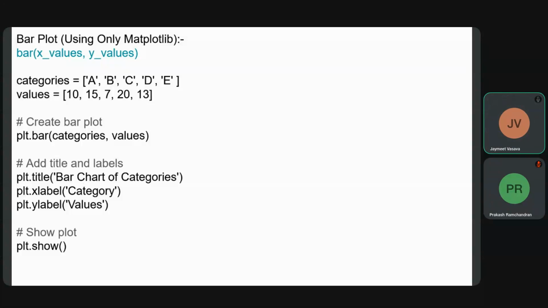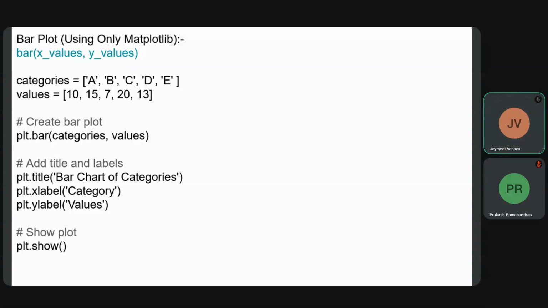So plt.bar helps us create a bar plot, and when we give the corresponding variables, it creates the bar plot. plt.title gives us the ability to give a title to the bar plot we are trying to create, and the X label and Y label are the labels for the X and Y axes, showing which features we are trying to show.